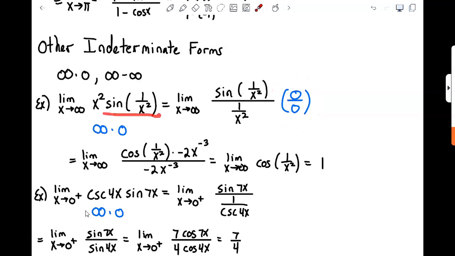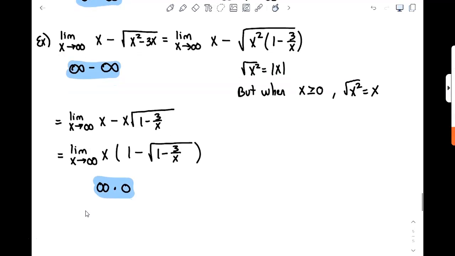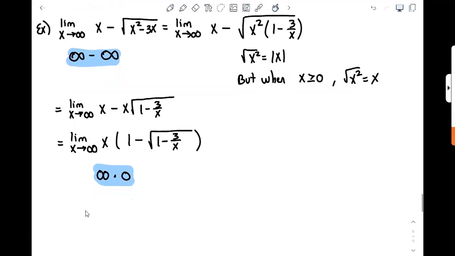The thing we'd elect to put on top is the thing that's probably a little more complicated. So in this case, the thing I would elect to put on top is the piece that's a little more complicated.